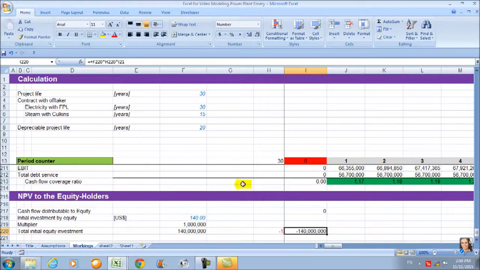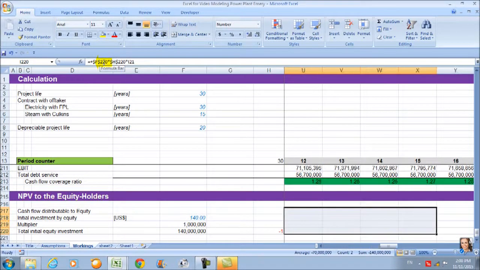And then you just have 20. I think you have to fix it, function F4, and then you have here function F4, then just copy it to the right.